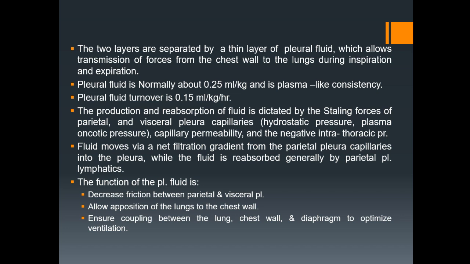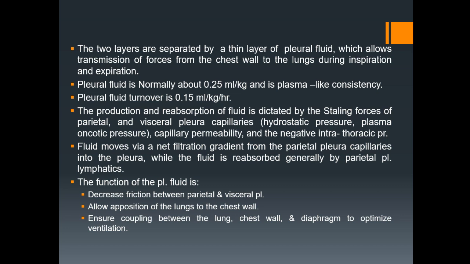The function of that fluid is to decrease the friction between the parietal and visceral pleura. It allows the apposition of the lung to the chest wall, and also ensures coupling between the lung, chest wall and diaphragm to optimize ventilation. When you take a deep inspiration, it will fill all the space.